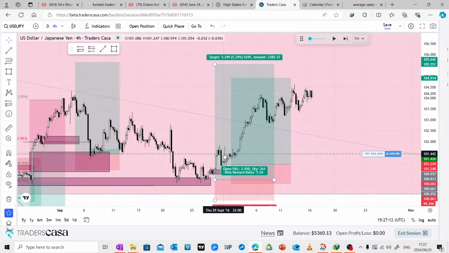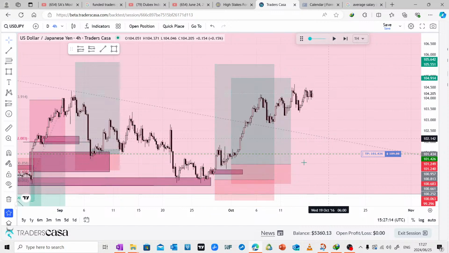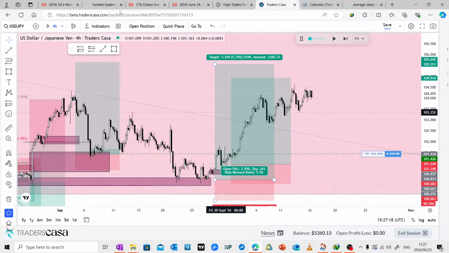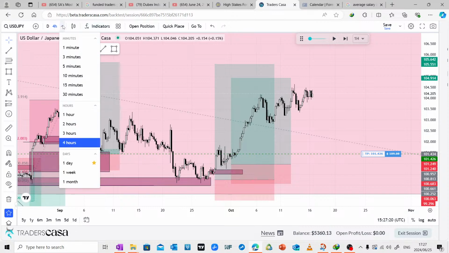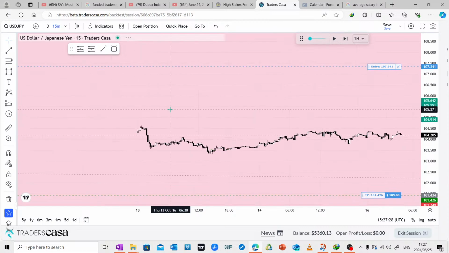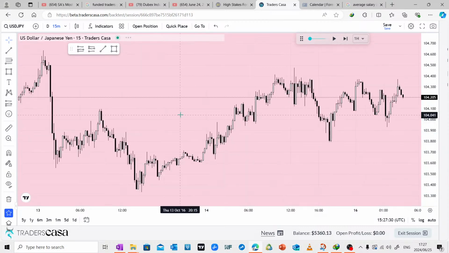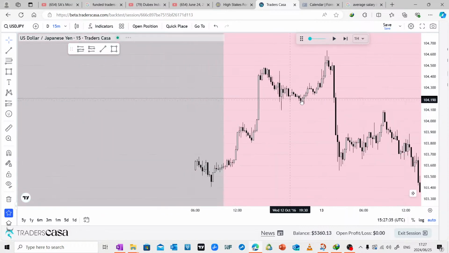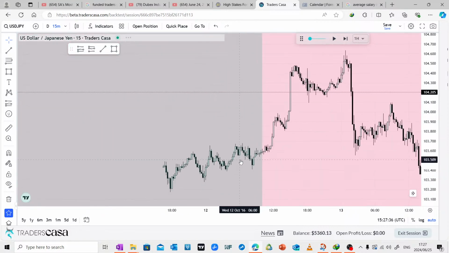But still, the setup is the same. You will find many setups in here, in that whole price action. So let's just go to the 15-minute time frame and try to see. Yes, it's this leg push.